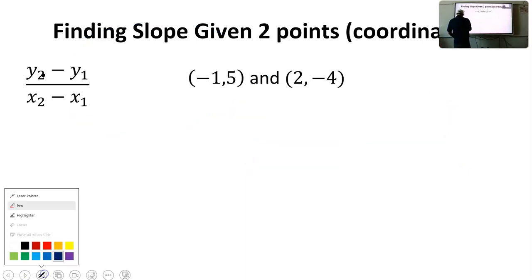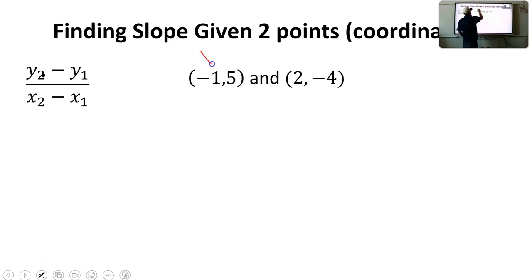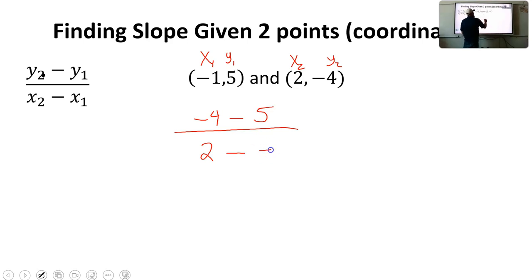Here's 2 points. All right, let's say this is my x1. This is my y1, which means this is x2 and y2. Okay, so y2 is negative 4 minus y1, which is 5, over x2, which is 2, minus x1, which is negative 1.